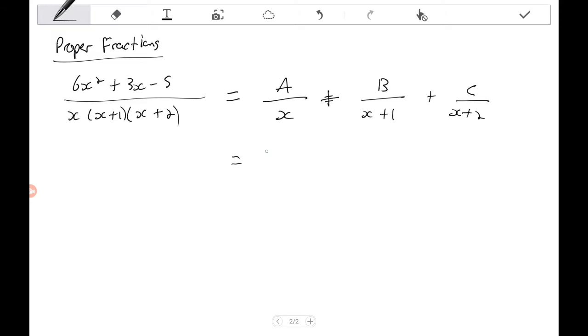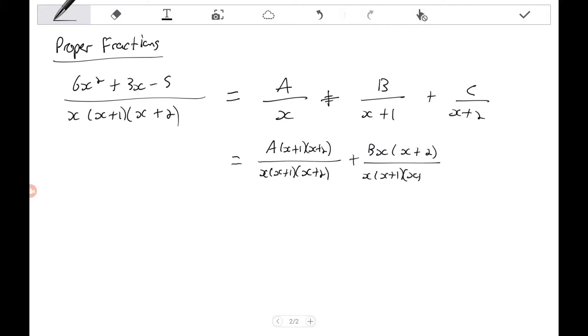So in this case, we would have a times (x plus 1) times (x plus 2) all over x(x plus 1)(x plus 2), added to b x (x plus 2) all over x(x plus 1)(x plus 2), add c x (x plus 1), all over x(x plus 1)(x plus 2).